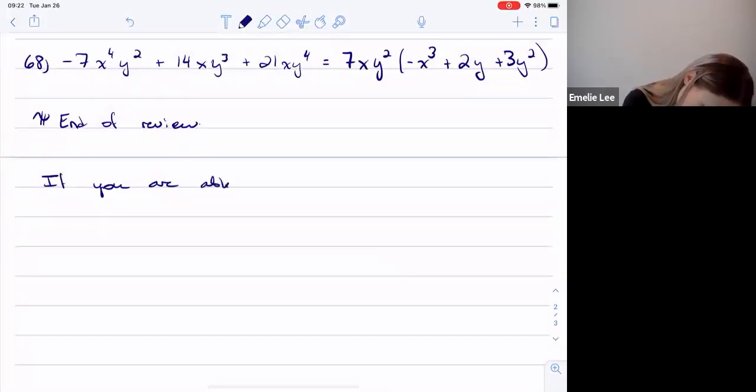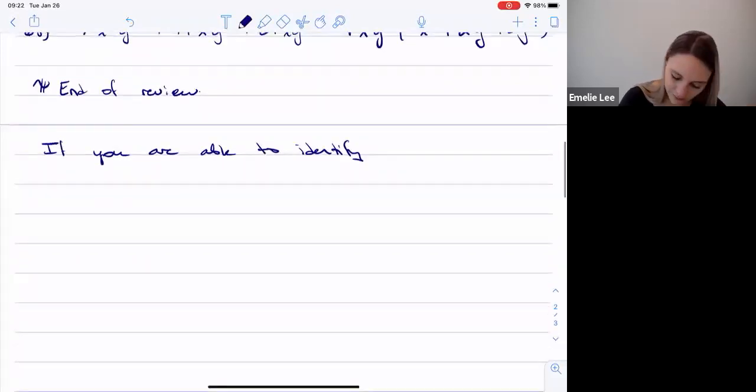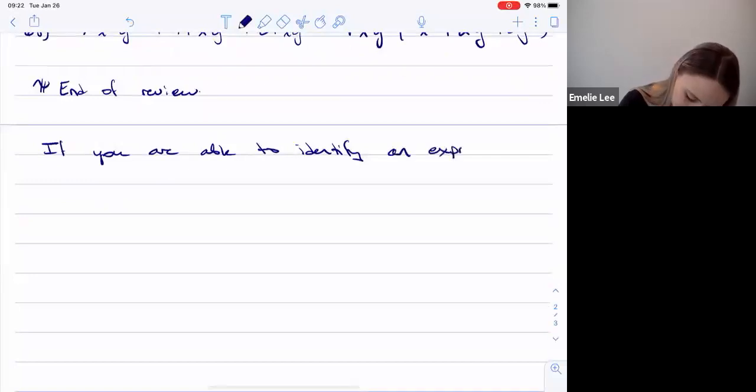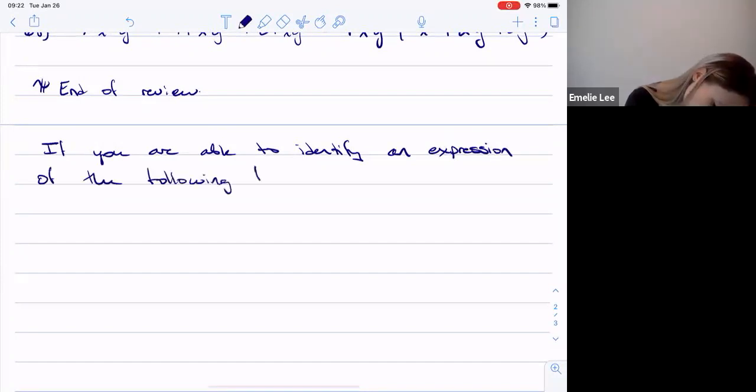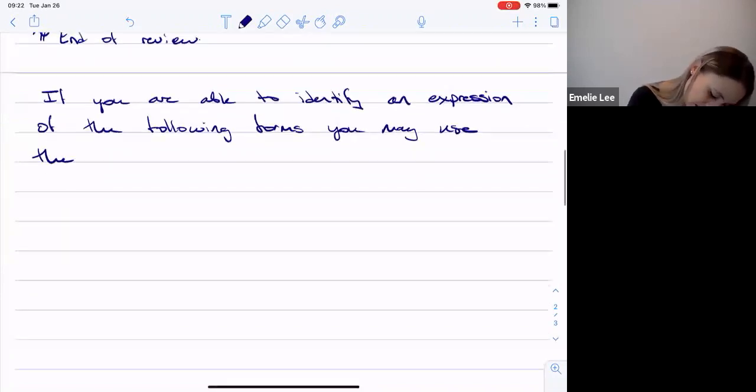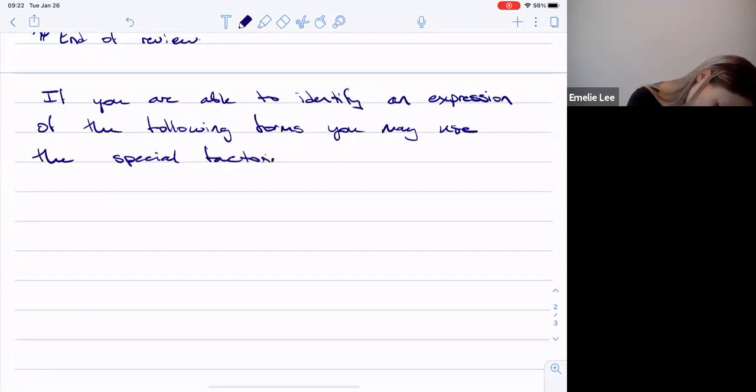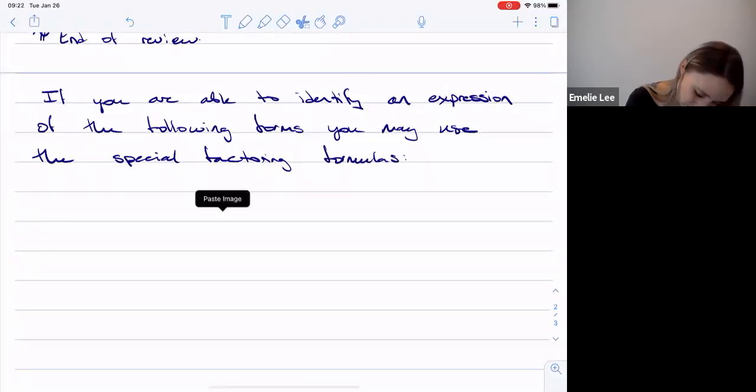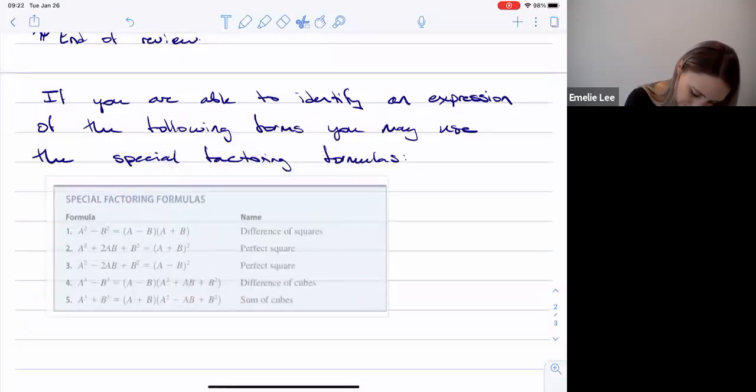If you are able to identify an expression of the following forms, you may use the special factoring formulas. Okay.